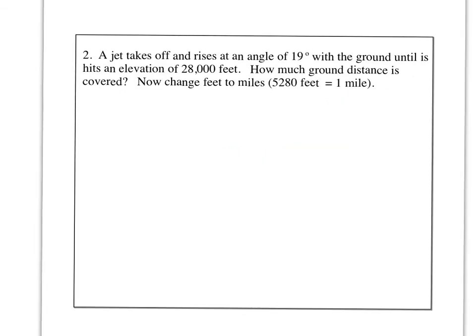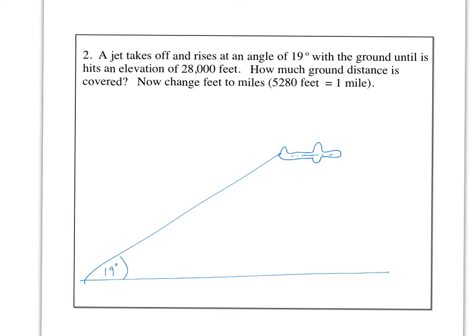Number 2. A jet takes off and rises at an angle of 19 degrees with the ground until it hits an elevation of 28,000 feet. Okay, so you can imagine this airplane takes off. And here's the airplane up in the sky. My very lovely airplane. There it is. Okay, so it takes off and it rises at an angle of 19 degrees with the ground. That's its angle of elevation.